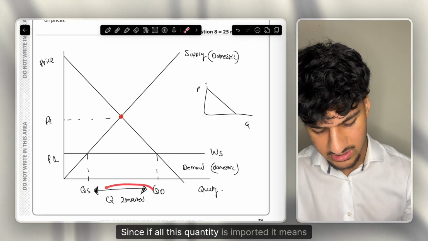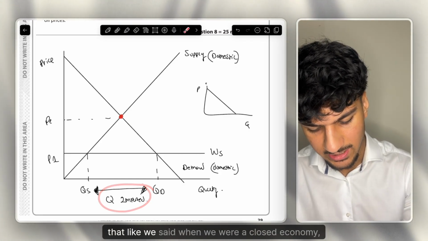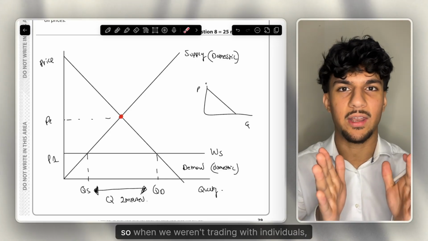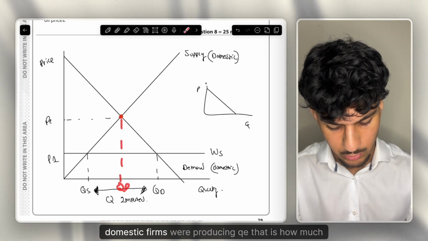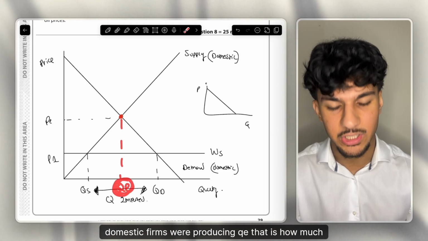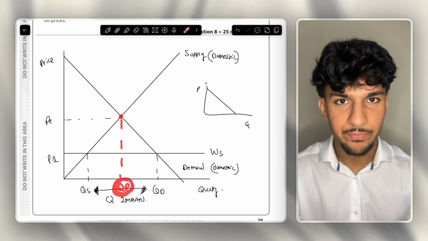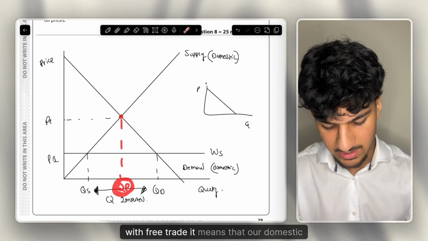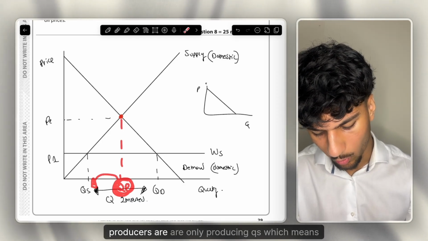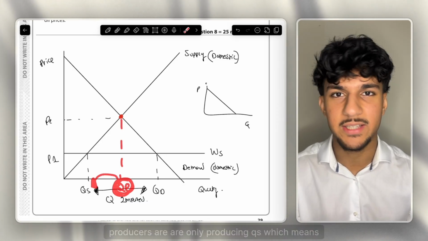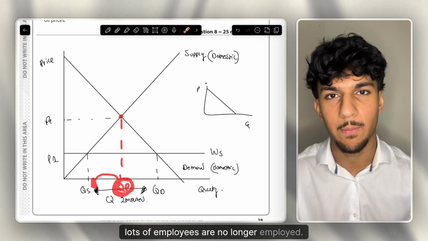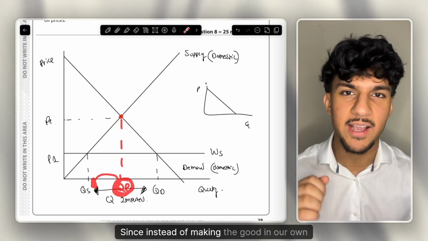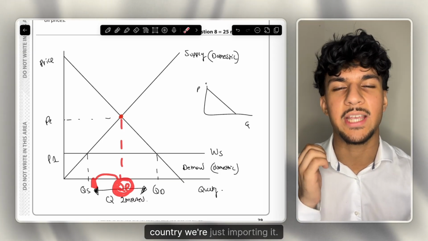Like we said, when we were a closed economy, not trading with others, domestic firms were producing QE. But now, with free trade, our domestic producers are only producing QS, which means lots of firms have gone out of business, lots of employees are no longer employed, since instead of making the good in our own country, we're just importing it.